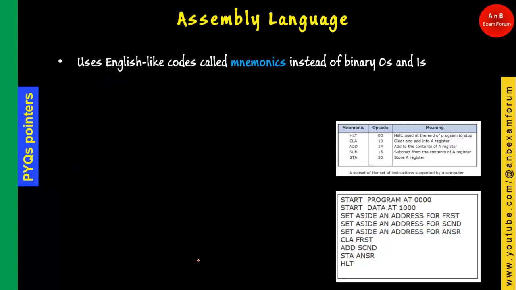Based on that, one new language has come, that is called assembly language. It uses English like codes which are normally called mnemonics. So mnemonics are English like codes.